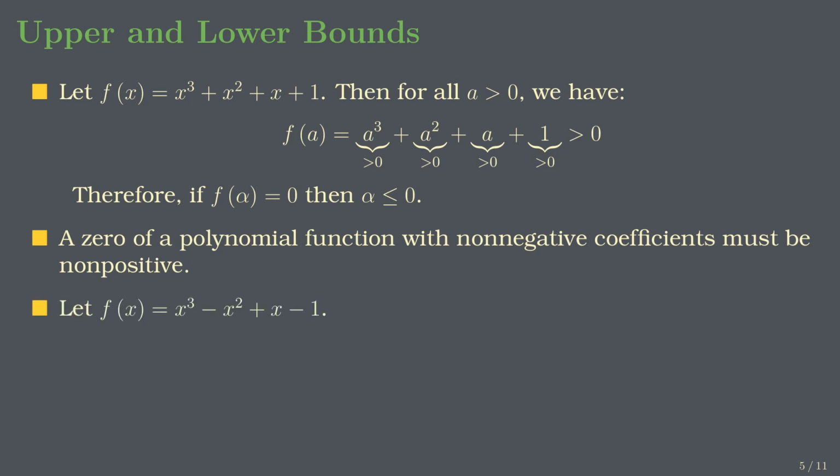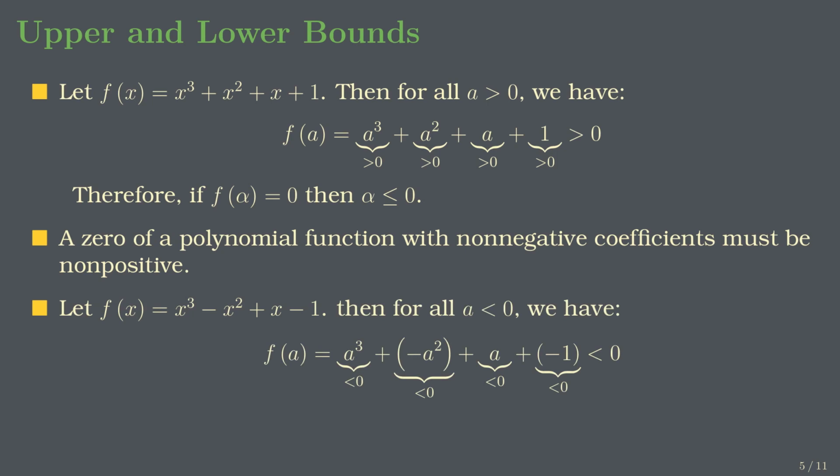Now take a look at f(x), which is x cubed minus x squared plus x minus 1. In this case, if you evaluate f at a negative real number a, then f(a) is always negative, meaning that a zero of f needs to be positive or 0.